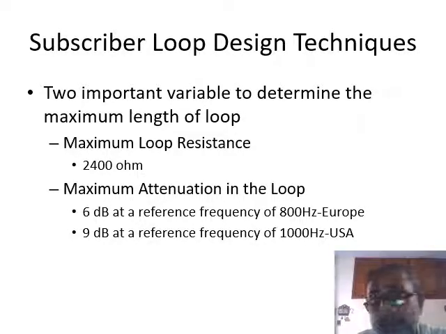For example, a telephone exchange can bear a maximum loop resistance of 2400 ohms. That is in the case of older exchanges. In the newer exchanges, the approximately allowed maximum loop resistance is approximately 1300 ohms, out of which 300 ohms is for the telephone set itself.